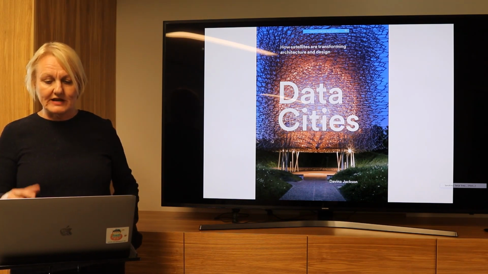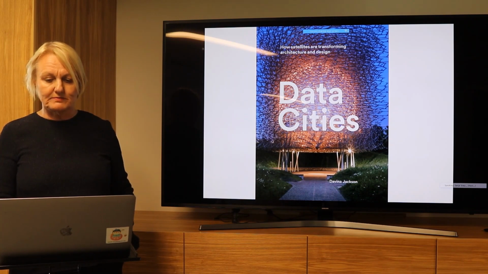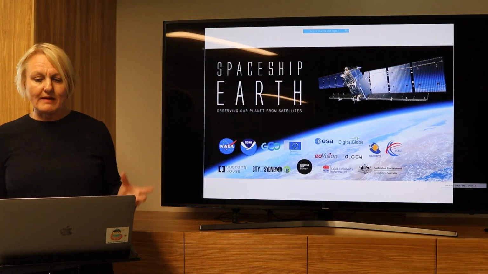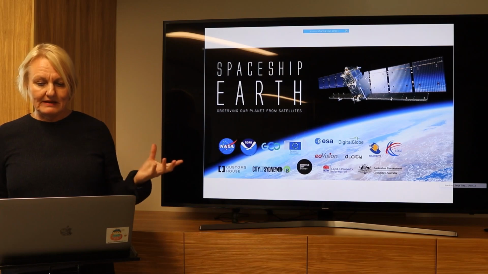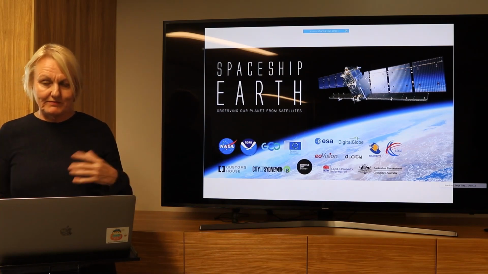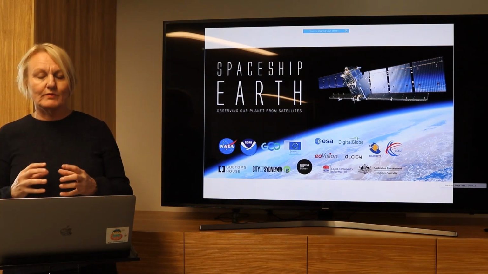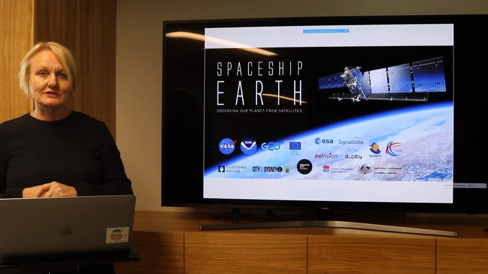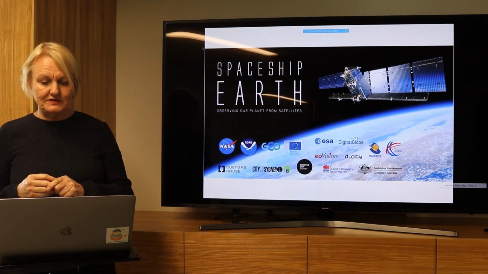So I have done this book to try to explain what has been happening in all the different fields that have relevance to the urban implications of the Global Earth Observation System of Systems.